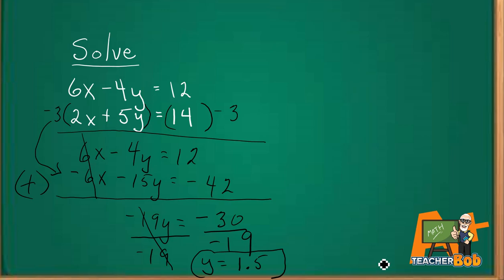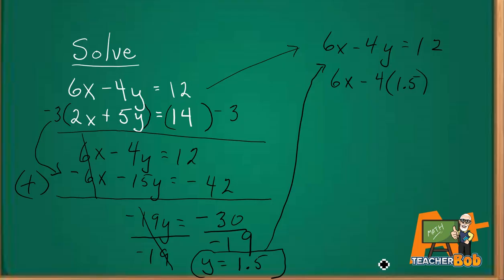So let's take the first equation, 6x, subtract 4y is equal to 12, and let's substitute y into this equation. So we get 6x subtract 4 times y, which is 1.5, is equal to 12.